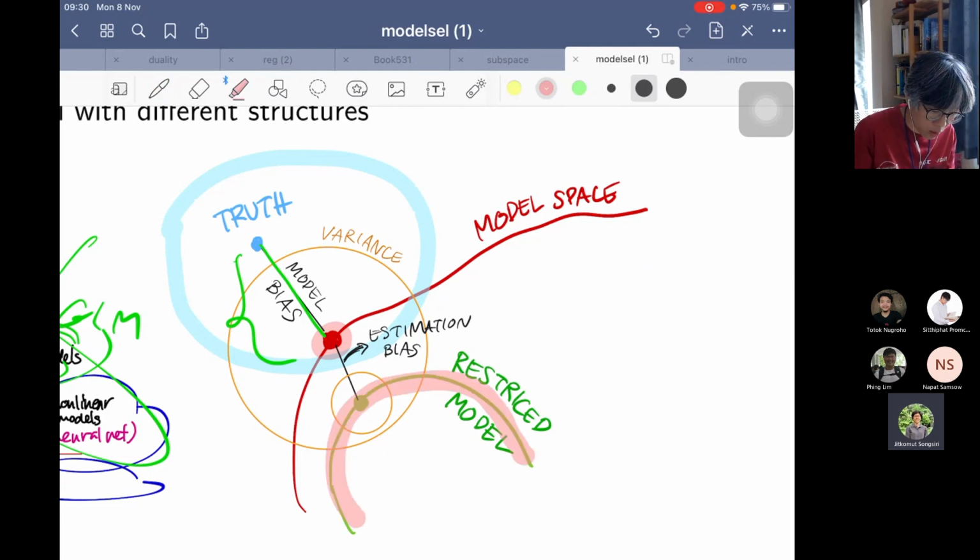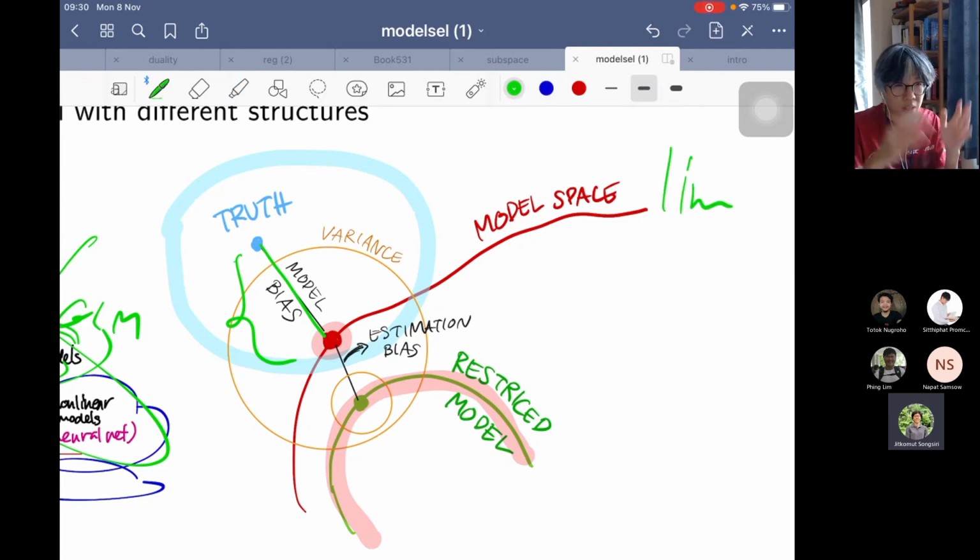The green zone is called the restricted model space. For example, the linear model space is linear. A restricted model may be something where you restrict a coefficient to be 0. Okay, so the estimator you obtain here, the green one, will have another bias compared to the red one.